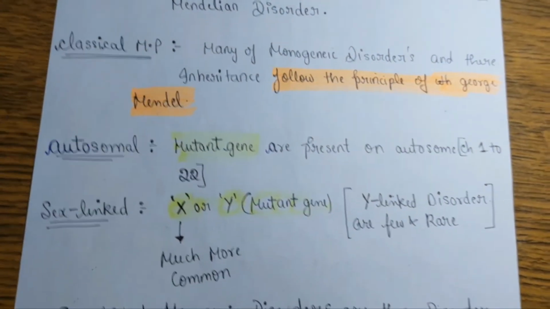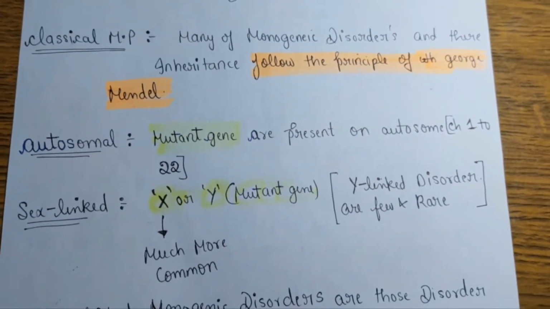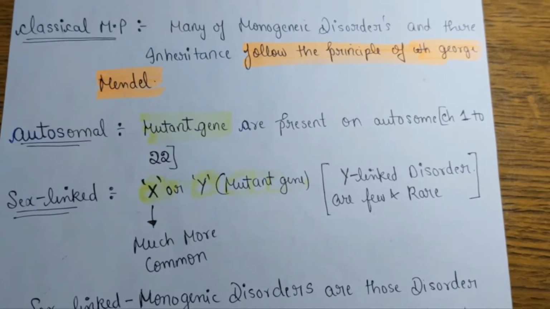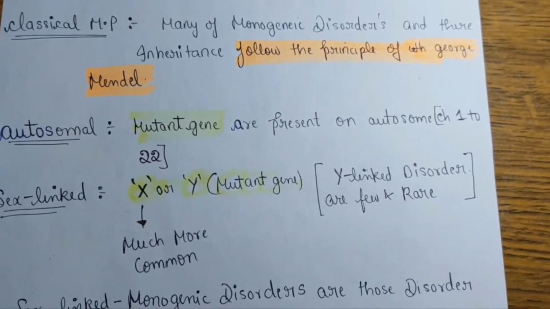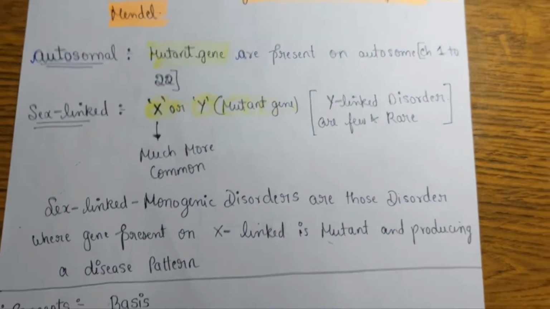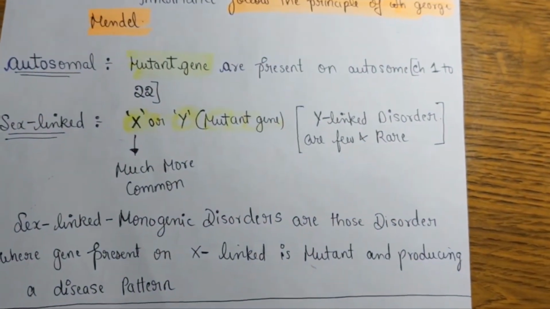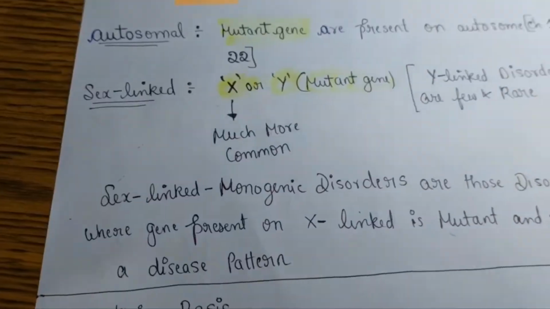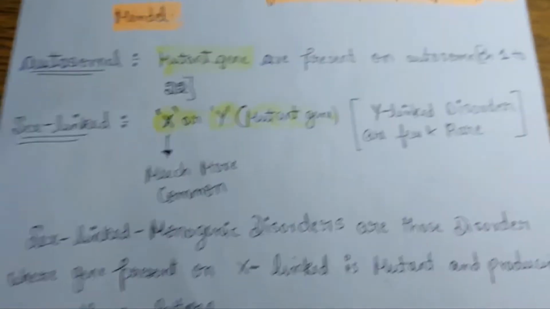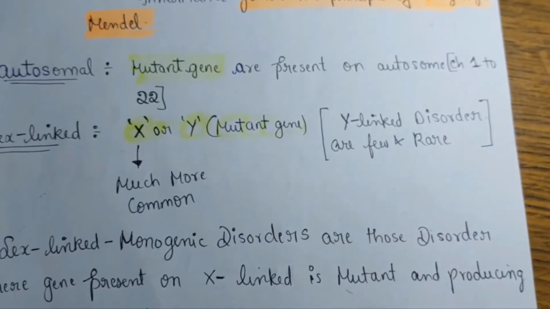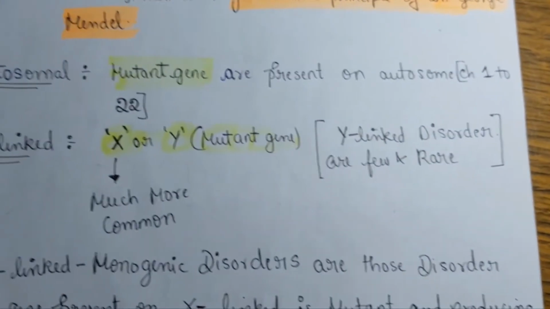Most of the monogenic disorders follow the principles of Gregor Mendel, and so they are classified under the classical Mendelian pattern of inheritance, which can be autosomal or sex-linked, like I had already mentioned. In autosomal monogenic disorder, the mutant gene is present on an autosome, that is, chromosome 1 to 22.